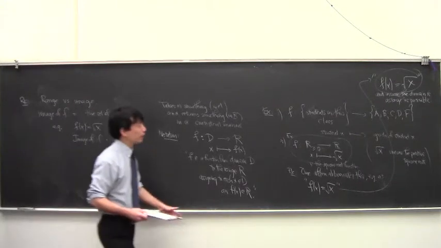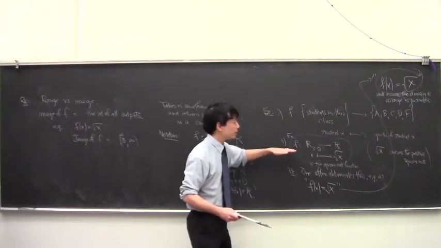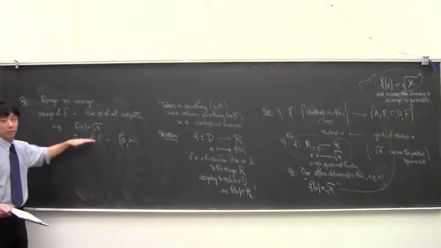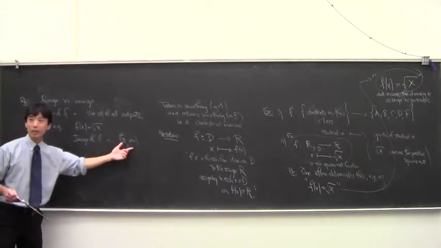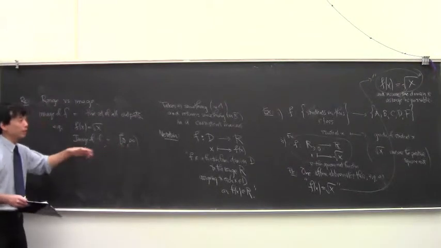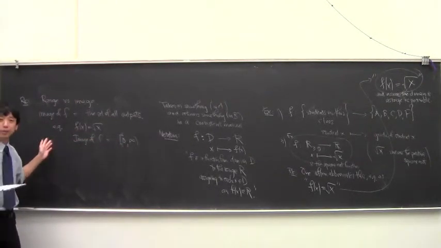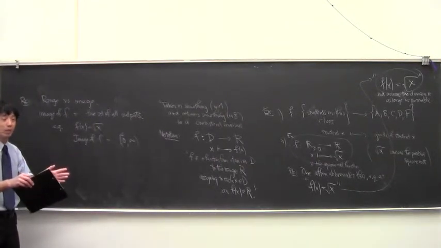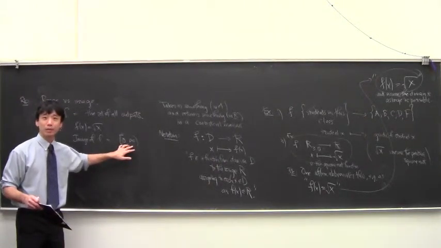But you notice that over here, I wrote the range is R. So the range isn't exactly the same. The concept of image is something a little bit more precise. It says I'd like to know exactly what comes out of the function, and the range is just the set that the function maps into. It doesn't have to be exactly the set of outputs, but it basically just has to contain the set of outputs.